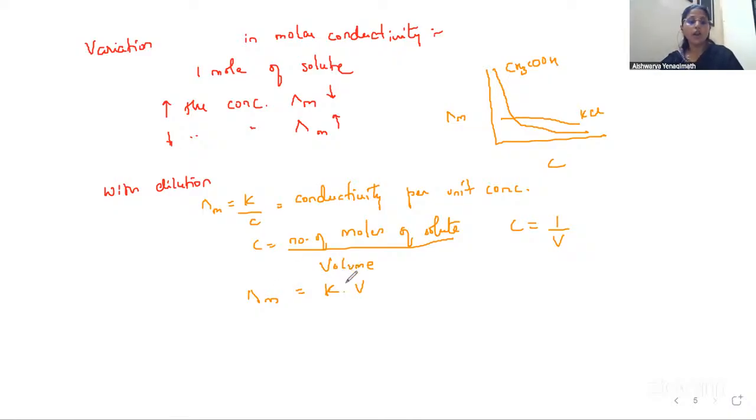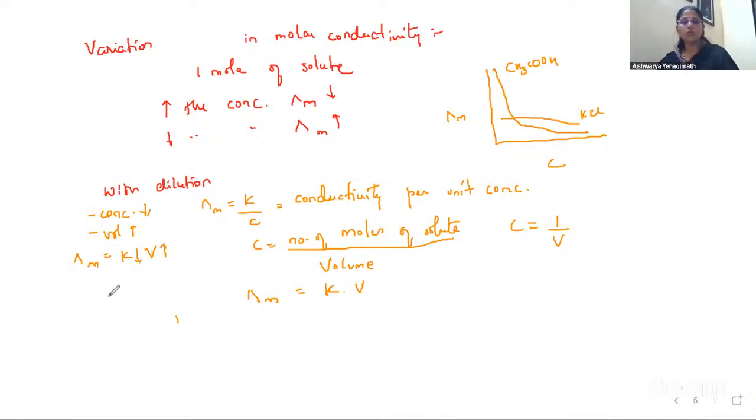So on dilution, what happens to concentration? On dilution, concentration decreases. Yes. By doing dilution the concentration decreases, but volume is increasing, because you are adding more solvent. So I can say molar conductivity is K into V. On dilution, K is decreasing, V is increasing.